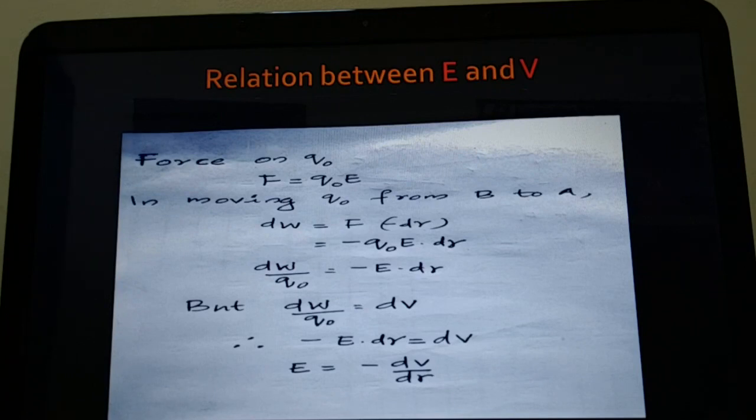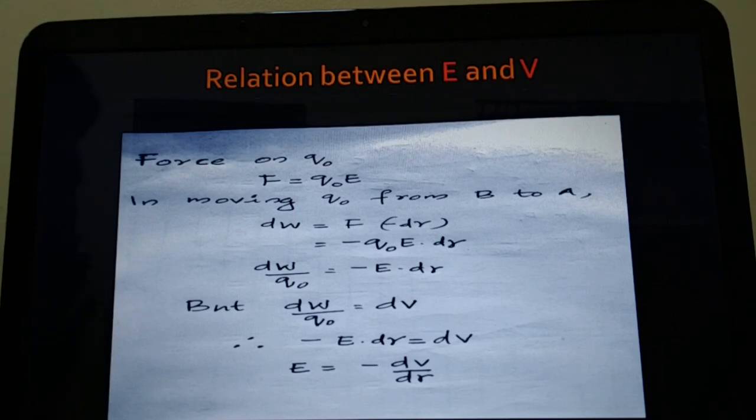We have done nothing more than this. You have chosen a test charge Q, its electric field, and between 2 points within that electric field, you have moved Q0 amount of charge. For that, how much work do you have to do? That is dW is equal to F into minus dr, because you are doing work against the force acting.